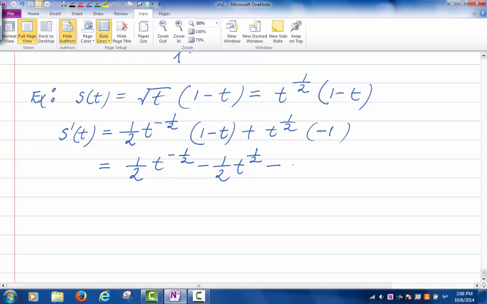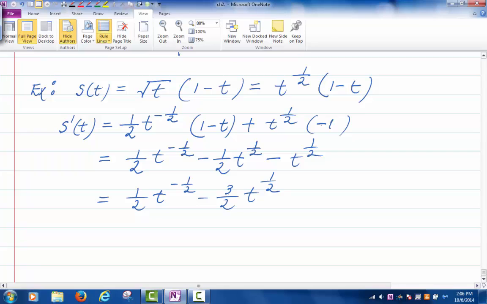And here I have negative t to the half. So at the end, I have half t to the negative half minus 3 half t to the half. I can combine the last two terms. Is everybody okay with that? So that's the derivative of this function.